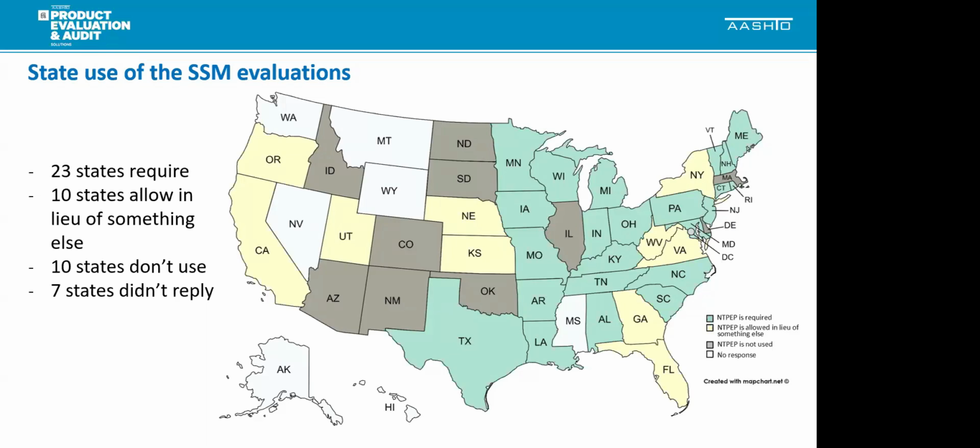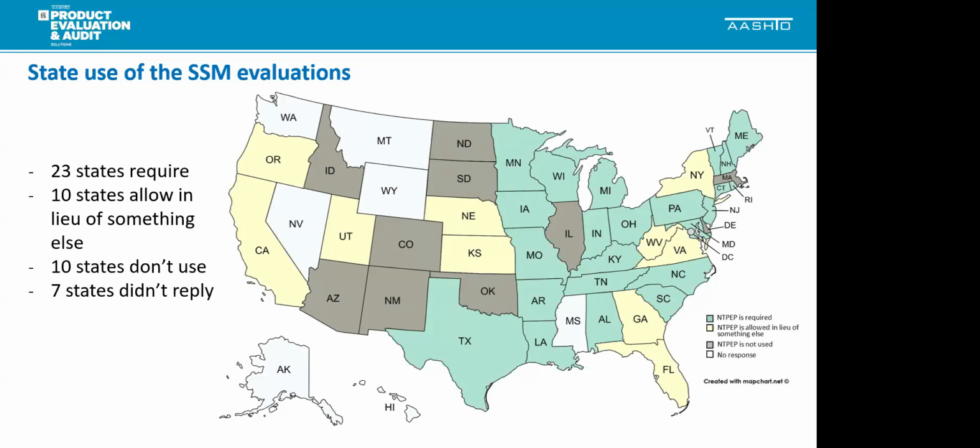The yellow states are states that will allow use of the sign sheeting materials evaluation in lieu of some other testing or documentation. It means they may be requiring independent testing or in-house testing or some certification of some sort, or they'll accept this testing from this program.